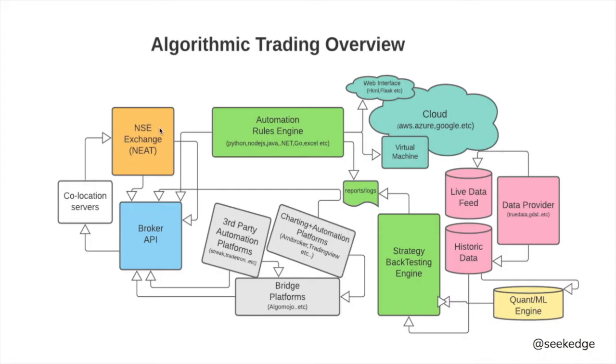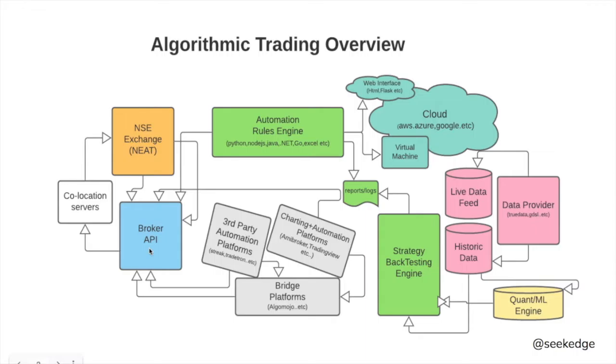So NSE's application gets connected to the broker's application, and the broker's application gets connected through the internet to your web browser. Most brokers would have co-location servers, with their servers located nearby so that execution is faster, and they have that advantage. Now that's about the exchange and the broker.